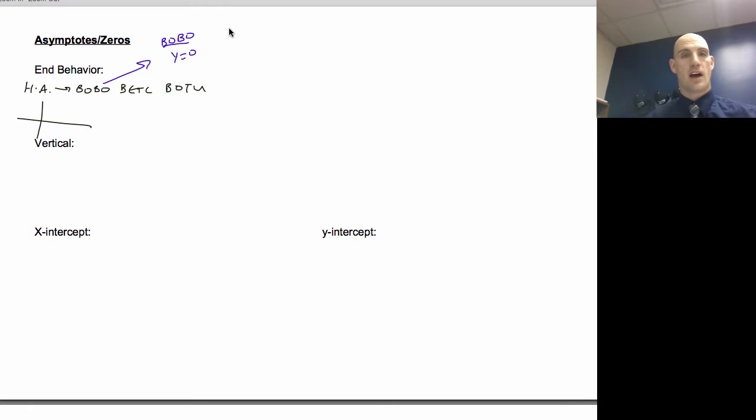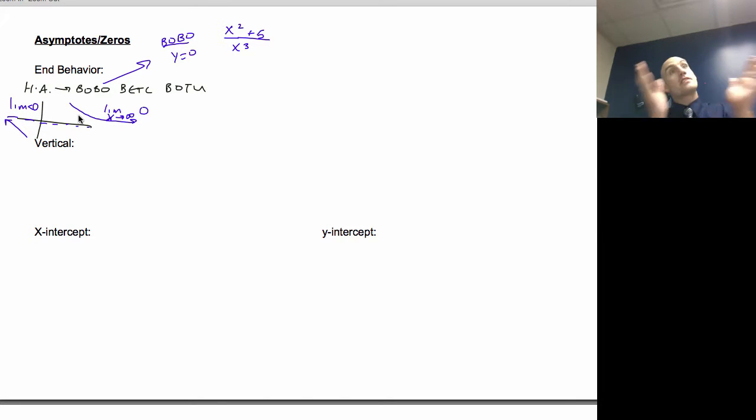So for example, if I have, I don't know, an x squared plus 5 over x cubed, something like that, my asymptote will be at y equals 0. Well, as my function goes out to infinity, or it goes out to negative infinity, my limit is going to be 0. On this side, my limit is going to be 0 as well. As I go out to the ends, it's 0.